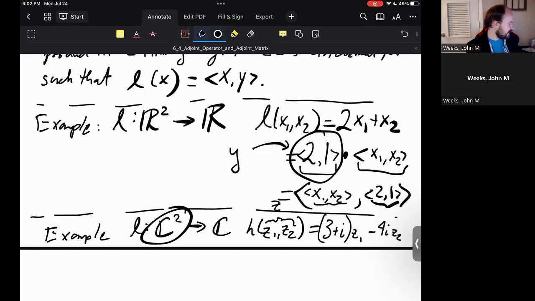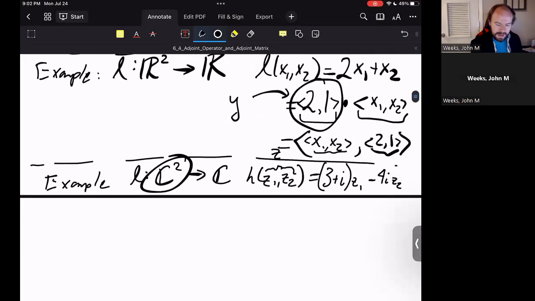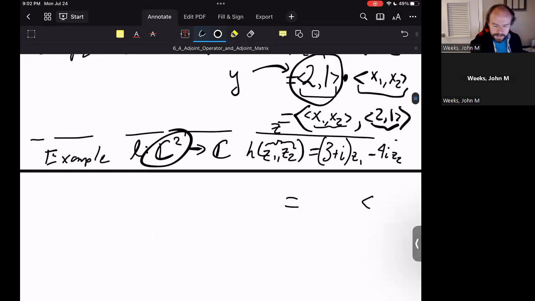If I do this, is there another way that I could write this in terms of a linear combination of these two vectors? Well, let's see what that would look like. First, I'm going to separate out the Z1 and the Z2 here and put that over to the side, and I'm going to figure out how this sort of dot product might work. Well, this kind of looks like this, doesn't it?